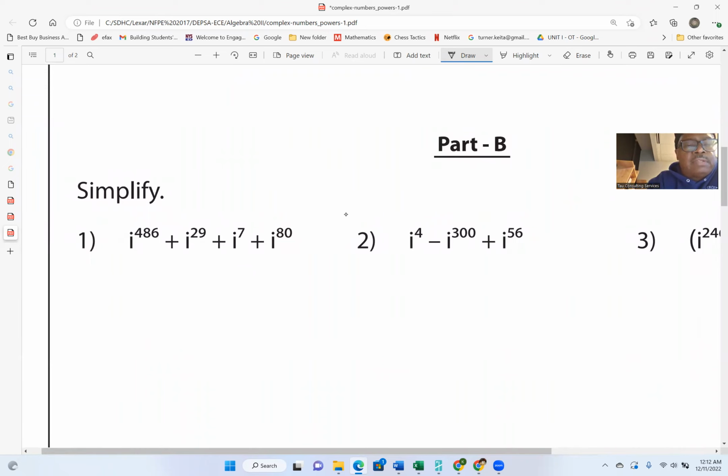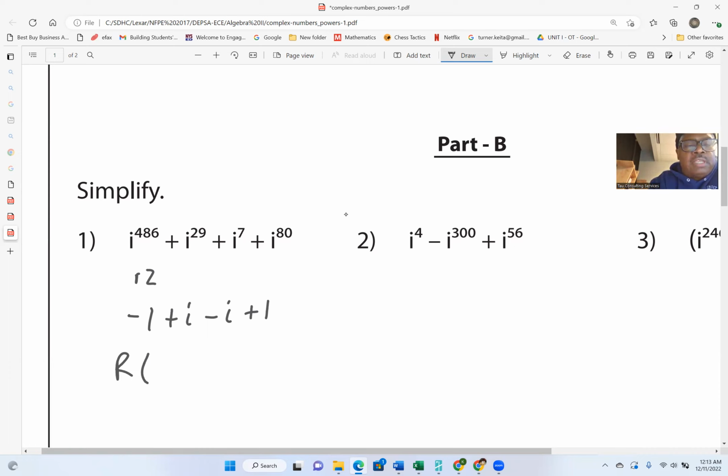i to the 486. That is not divisible by 4. It's actually a remainder of 2, so it becomes -1. i to the 29: that's remainder 1, so that becomes i. i to the 7: that's remainder of 3, so that becomes -i. i to the 80 is going to be +1. So let's do the real part and imaginary part.